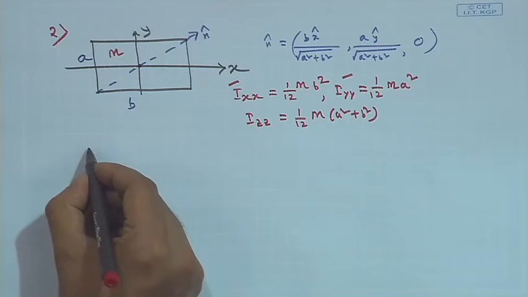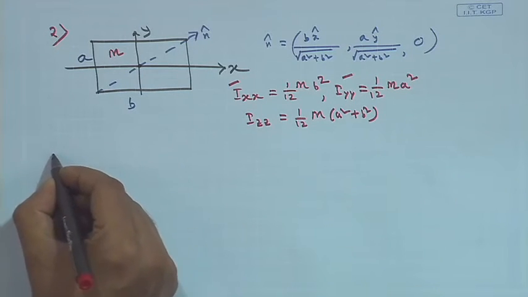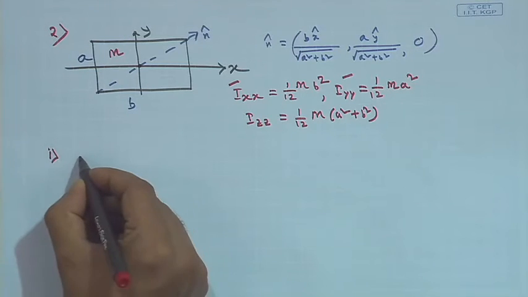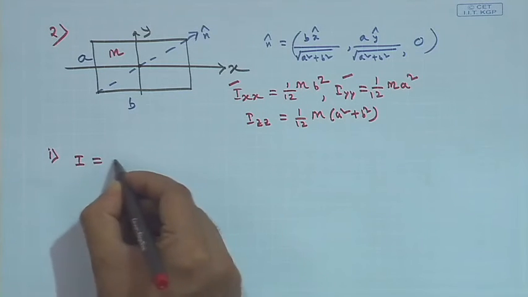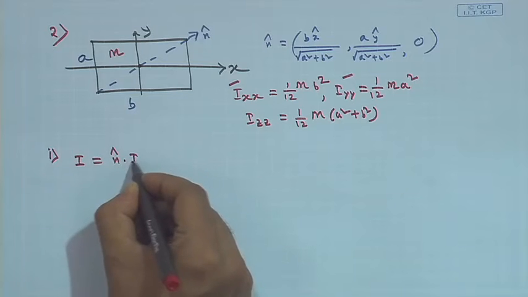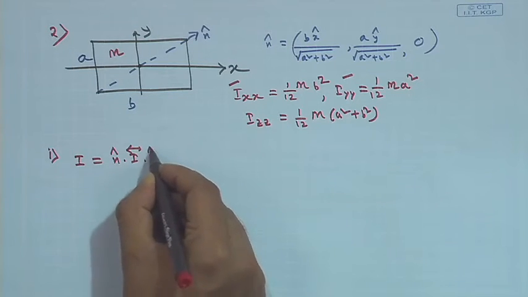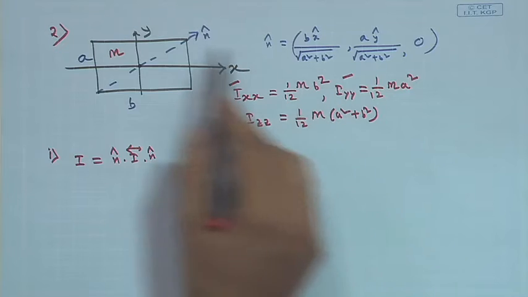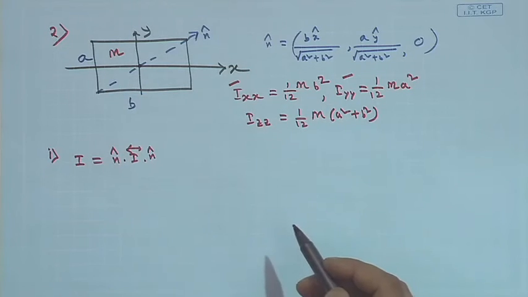Now, let us look into the first part of the problem. First, we have to calculate I, which we know is a projection of the total moment of inertia tensor around this particular direction. Okay.